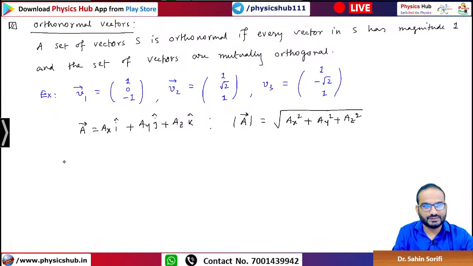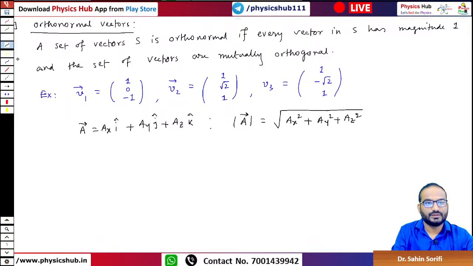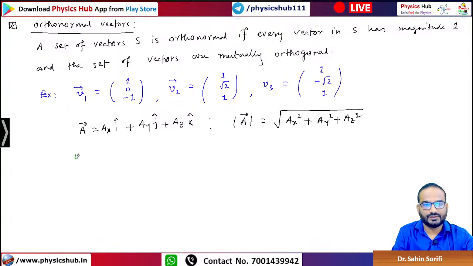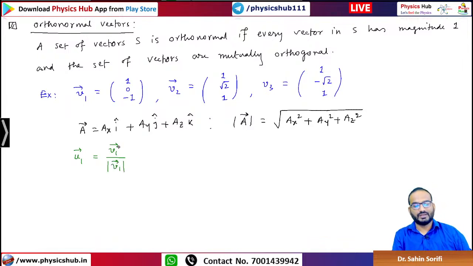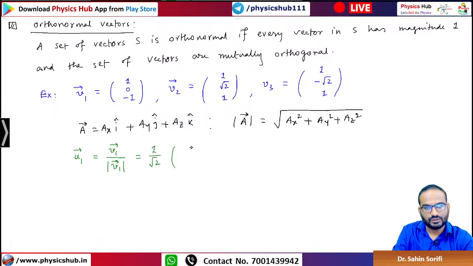But what you can do, let's say I am defining another set of vectors. Let's say u1 is v1 by modulus of v1. What do you expect? It's a unit vector along the v1 direction, so it must be 1, and you will see it will become 1. So what is the modulus of v1? Root over 1 square plus 1 square, so root over 2. So it is 1 upon root 2, times 1, 0, minus 1.